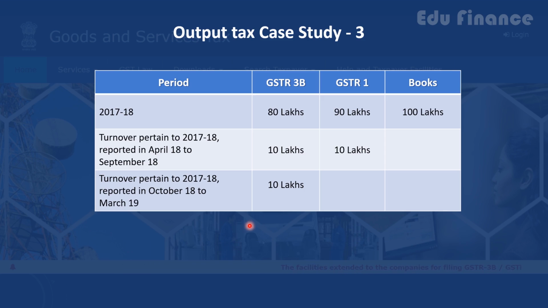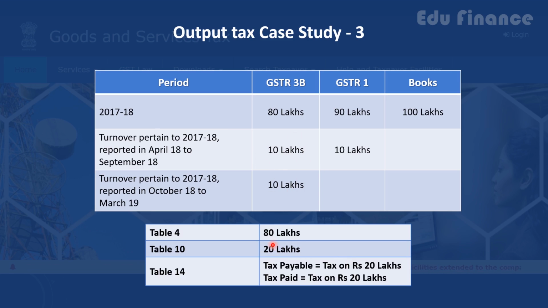Case study number 3. When books of accounts show turnover of rupees 100 lakh, GSTR 1 shows turnover of rupees 90 lakhs reported in 17-18 and the balance 10 lakh reported in 18-19. GSTR 3B shows 80 lakhs reported in 17-18 and the balance 20 lakhs reported in 18-19.